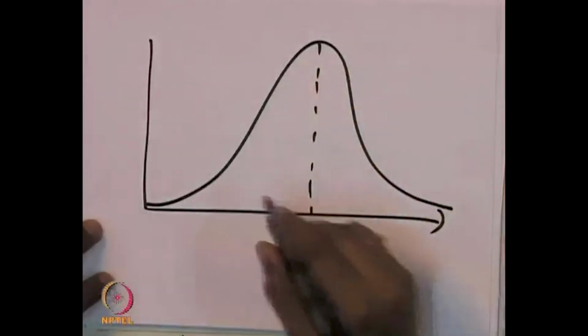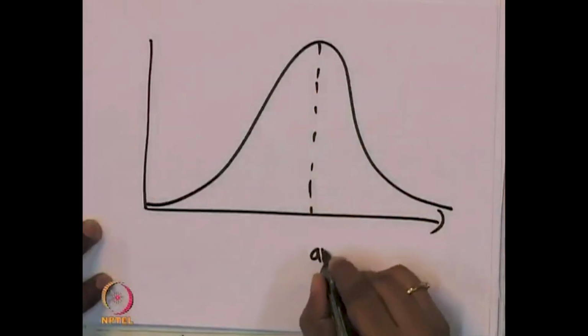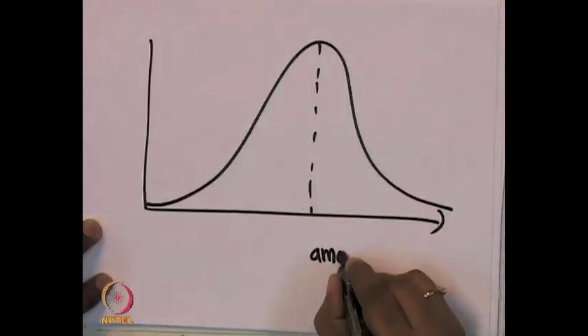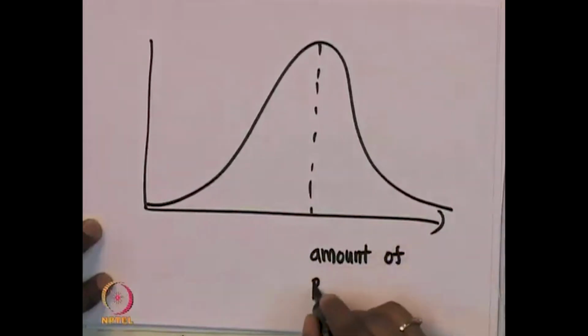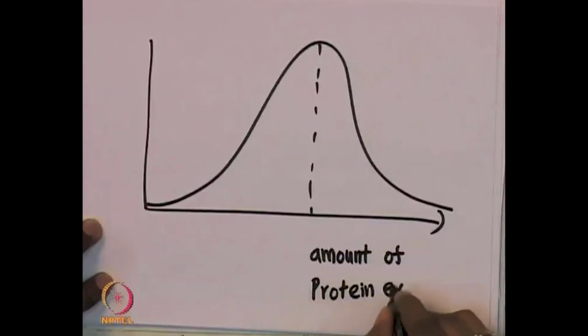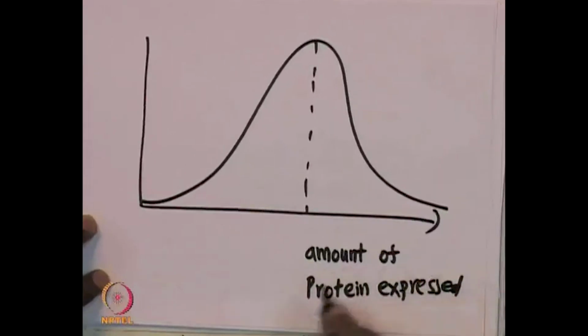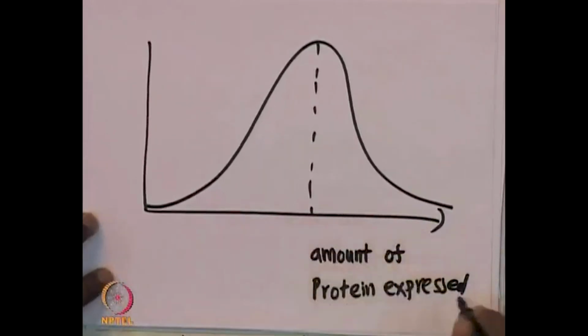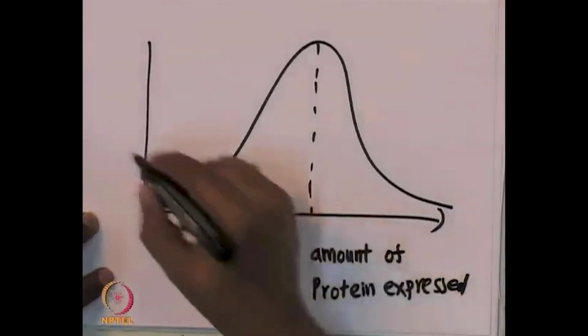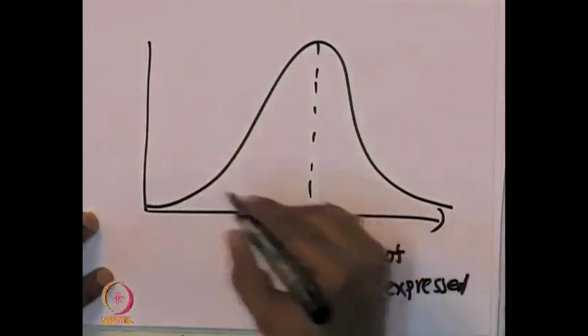So, now here in this axis we plot amount of protein expressed, or it could be called the number of mRNA, and amount of protein expressed, and how many cells express this amount.